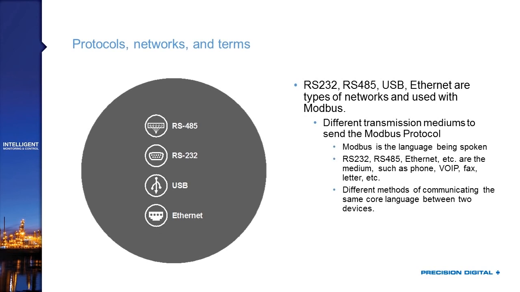You're going to recognize my words. You're going to be able to understand what I'm trying to say. But I can do it in all these different methods. And that's what RS-232, 485, Ethernet, USB, that's what those are. Those are just different approaches to get that Modbus data back and forth between two Modbus devices. And because Modbus generally doesn't cover that sort of thing, that's why you have all of these different options available.